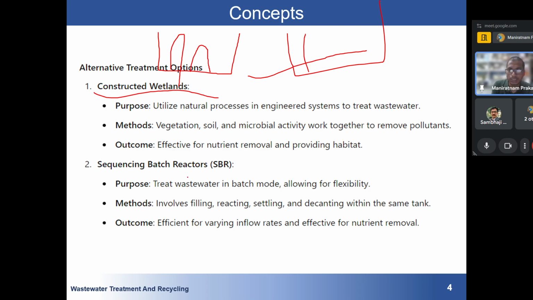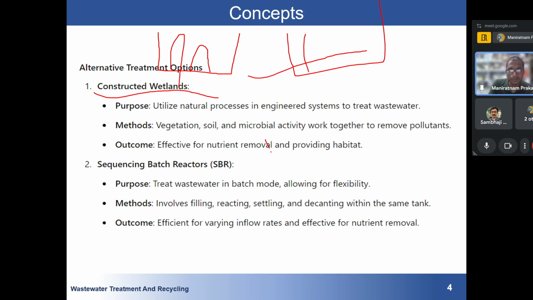The second option is the sequential batch reactor, known as SBR. The purpose is to treat wastewater in batch mode, allowing for flexibility. We will be discussing it more in a few more slides, where I will be showing a real picture of an SBR.